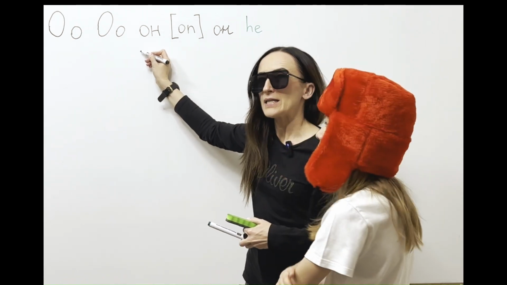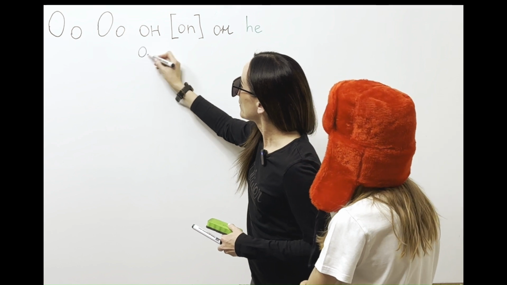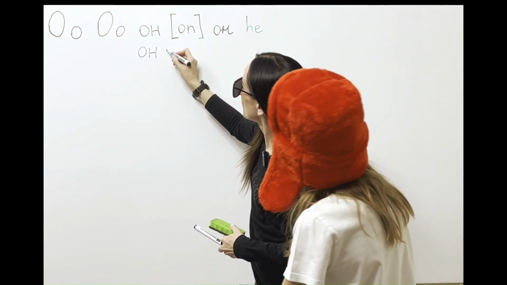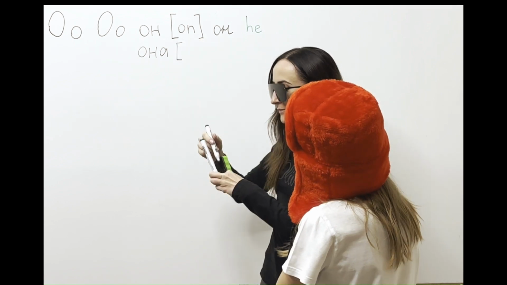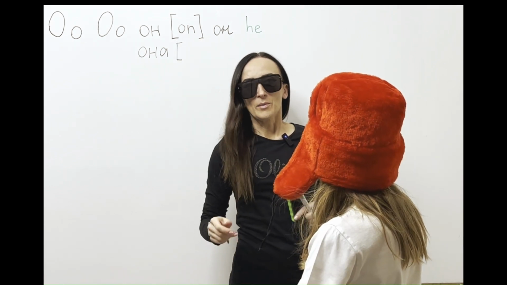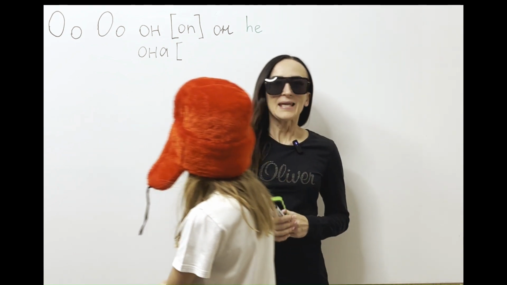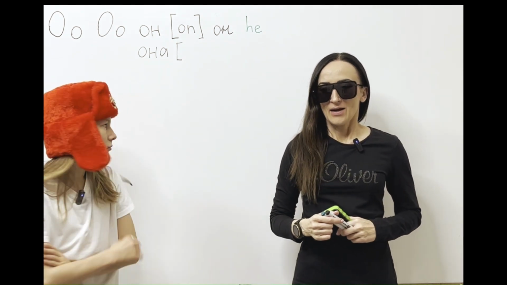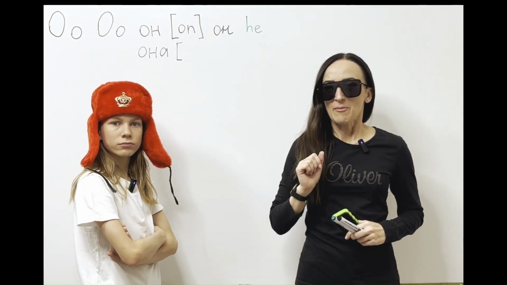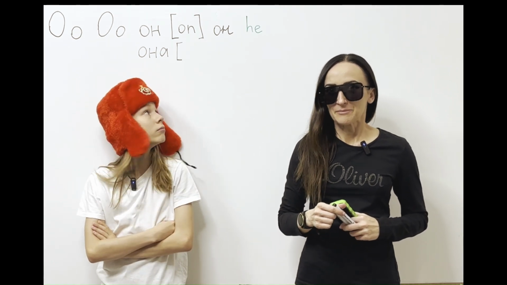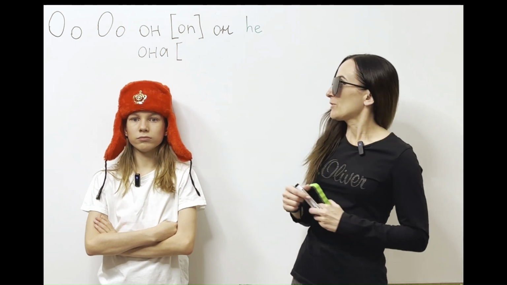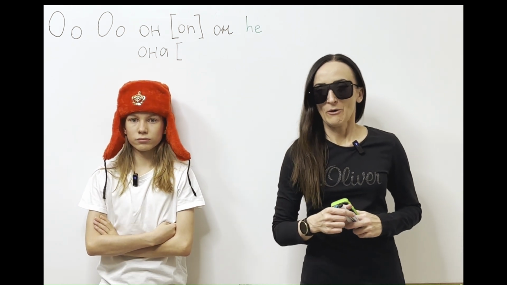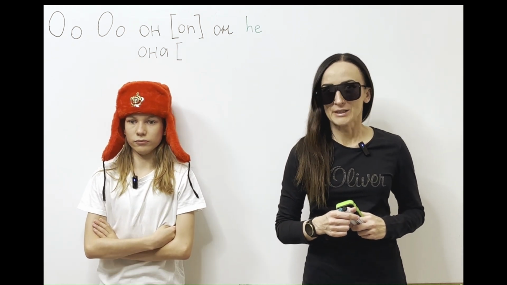Another pronoun is "Anna". Anna is she. And here we must tell you one little secret, one little but very important fact about our language. In our language, we've got a smart word now: vowel reduction.